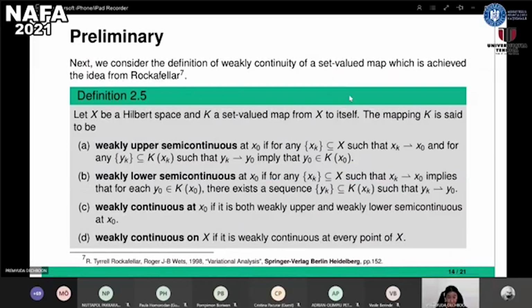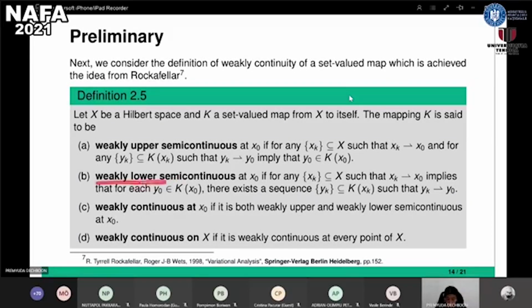The next definition is about continuity. The set-valued mapping K is said to be weakly upper semi-continuous at x0 if for any sequence xk from X that converges weakly to x0, and for any sequence yk from the set-valued mapping K(xk) with yk converging weakly to y0, it implies y0 is in K(x0).